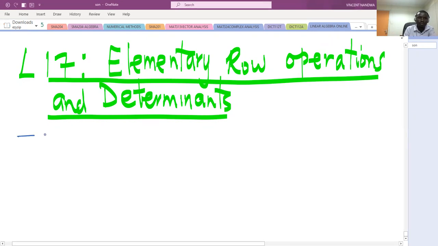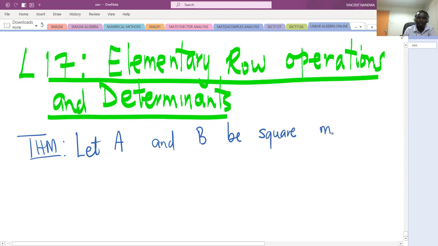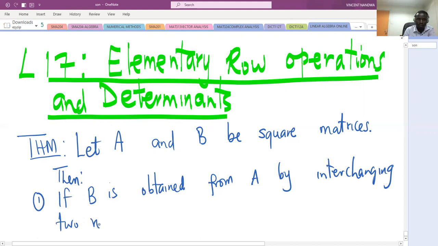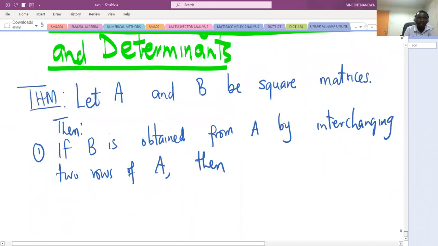So, theorem. Let A and B be square matrices, then one, first property: if B is obtained from A by interchanging two rows of A, then this is how the determinants of A and B are related.